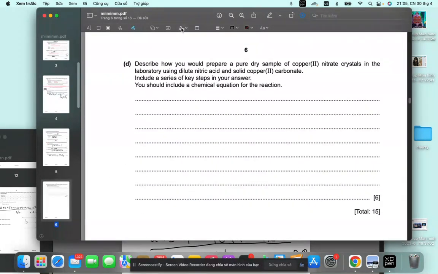Describe how you would prepare a dry sample of copper nitrate crystals in the laboratory using dilute nitric acid and solid copper carbonate. So we have nitric acid and copper carbonate. The reaction would make salt.